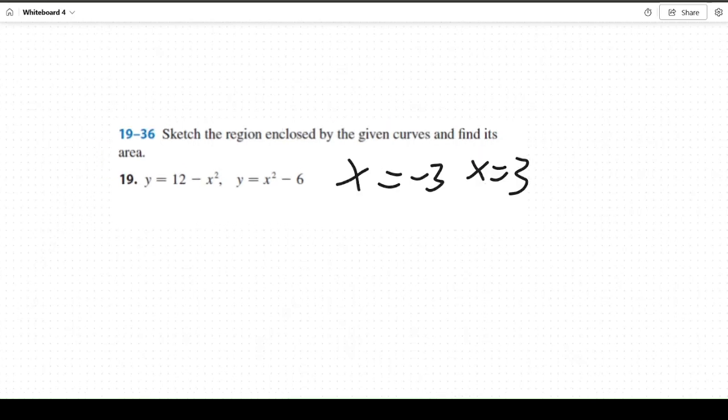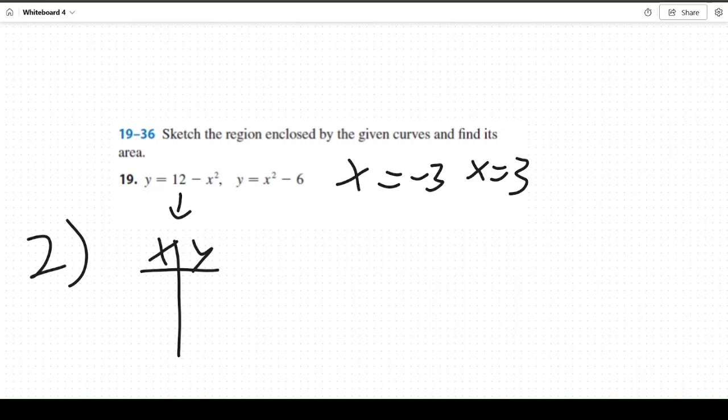So our next step is going to be graphing. Let's put the t-chart again. Plug in any three values that we can use.